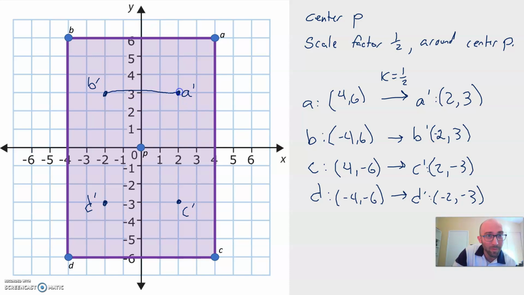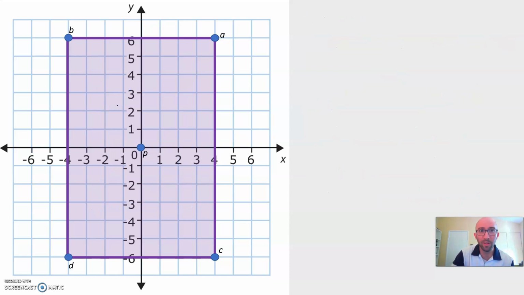We see that it's going to form a smaller rectangle, right? All right, so using a scale factor of 1/2, we see that the image got smaller, and it's really interesting that it gets smaller around the origin. We took each coordinate and applied the scale factor to that coordinate, using the origin as our center point, the point that happened to be in the center of the rectangle.